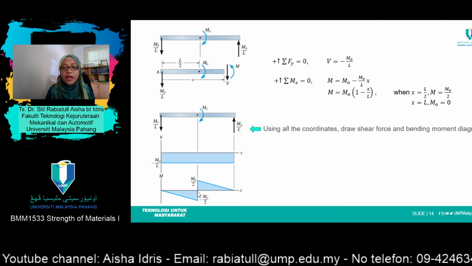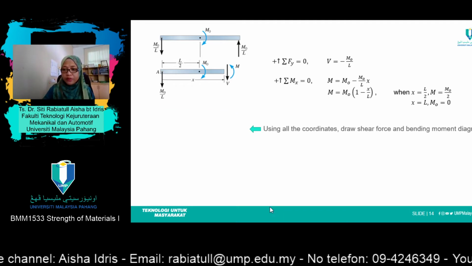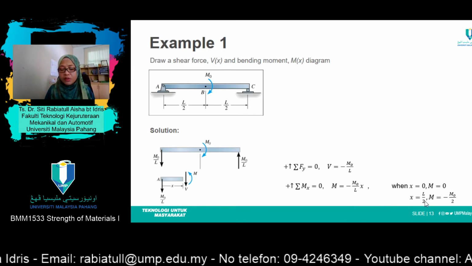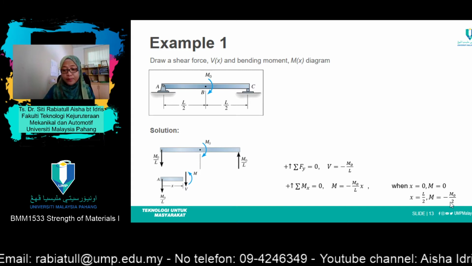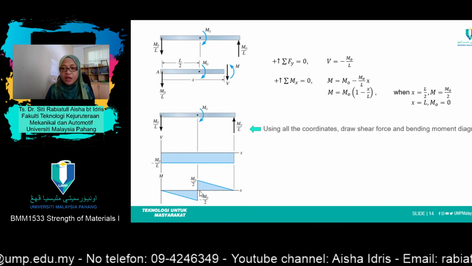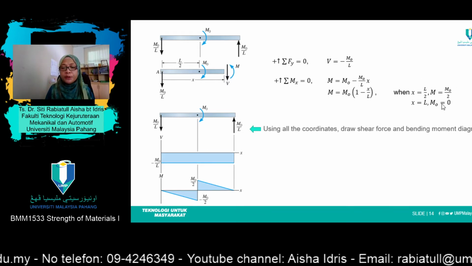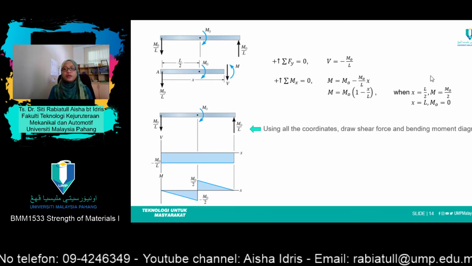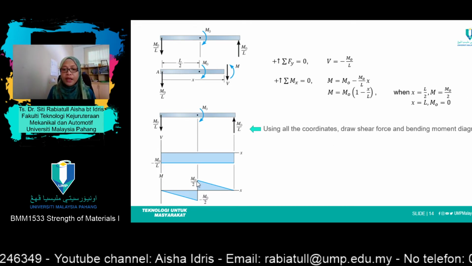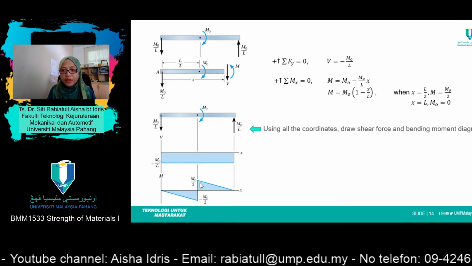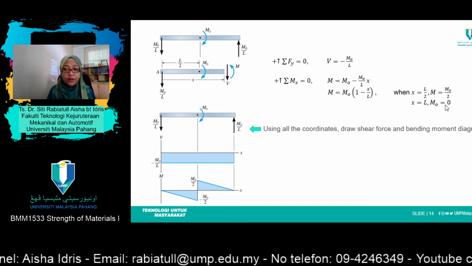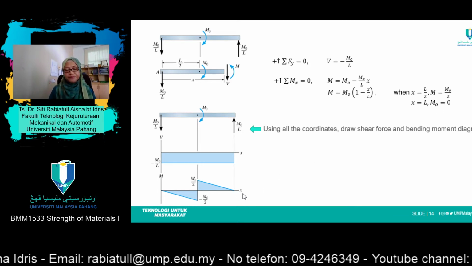Firstly, M will be equal to, if you refer to this equation, when X equals L over 2, M equals negative M naught over 2. After that, by referring to our calculated coordinates here, when X equals L over 2, you'll get M naught over 2, and when X equals L, you get another value of M, which equals 0 here.